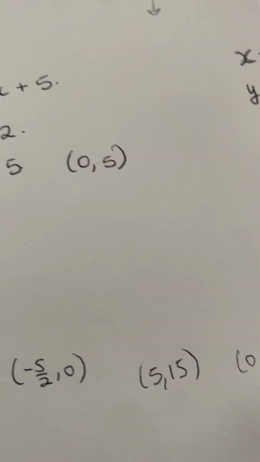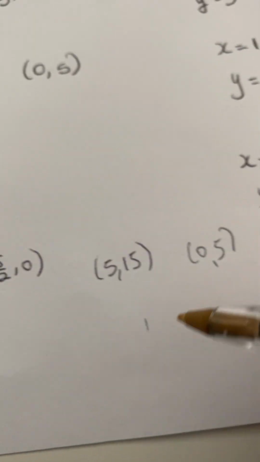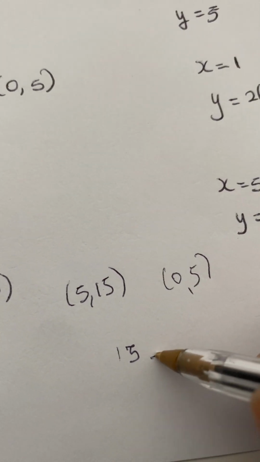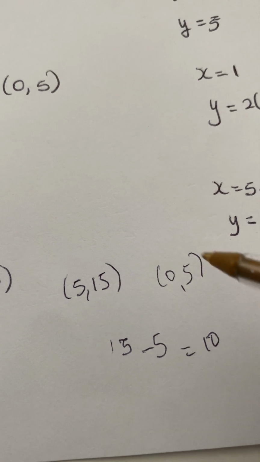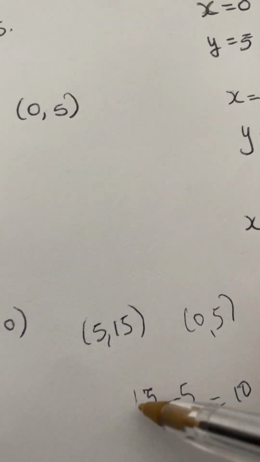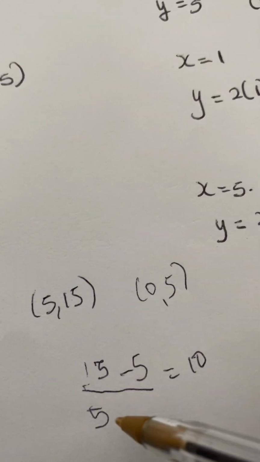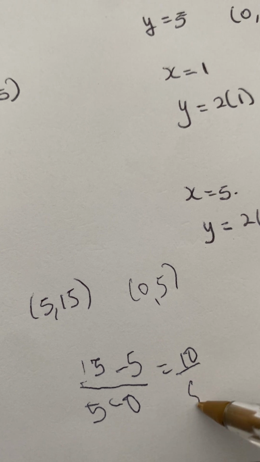So the change in y will be 15 minus 5, which will be 10, and the change in x will be 5 minus 0, which will be 5.